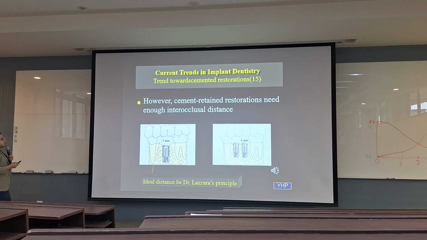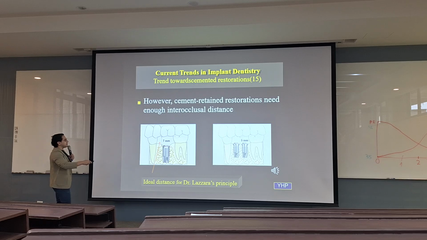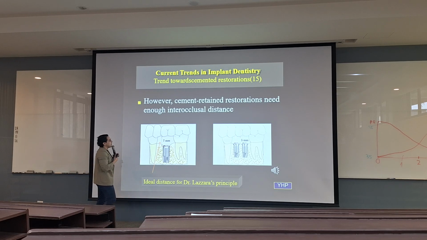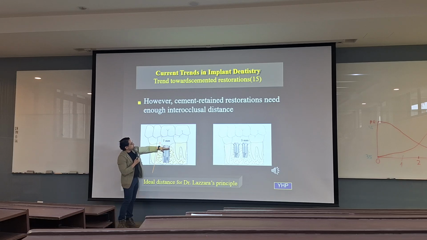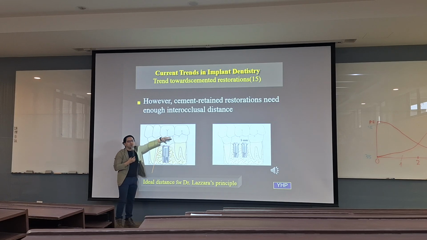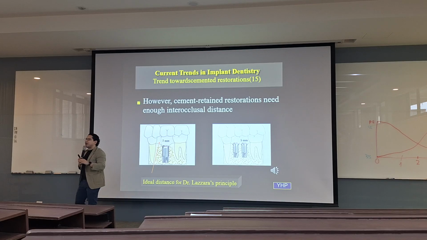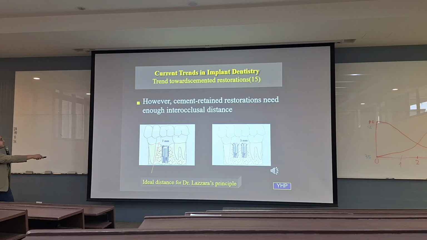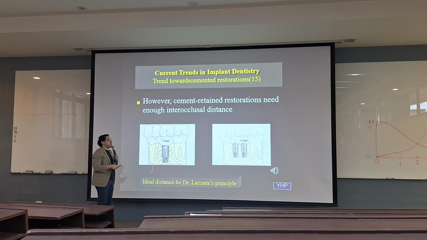Also, the other thing, usually most of the time, if you're talking about premolars and molars, what we say is that at least you need to have from the platform of your dental implant to the antagonist 7 millimeters. That means that you have enough space for a crown. Now, will the crown be 7 millimeters in height?